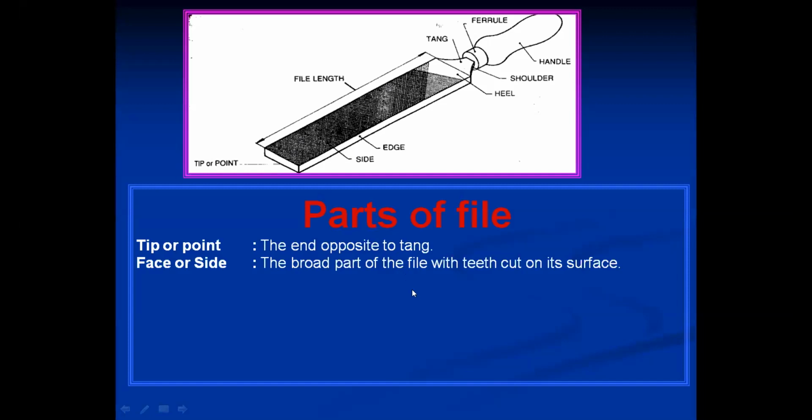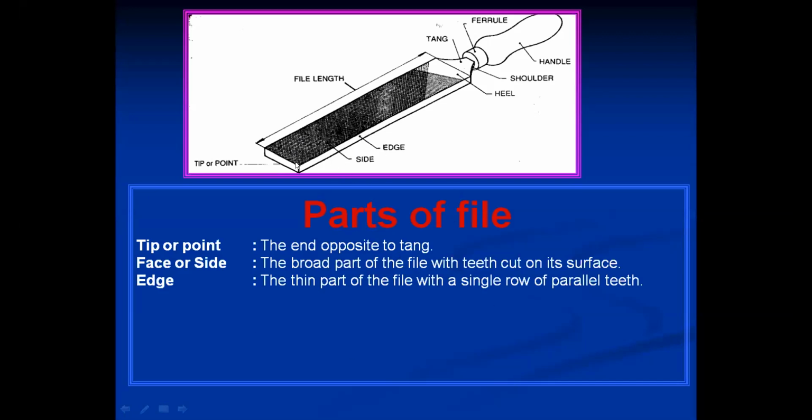Next, edge. This part is called the edge. Edge means the thin part of a file with a single row of parallel teeth.